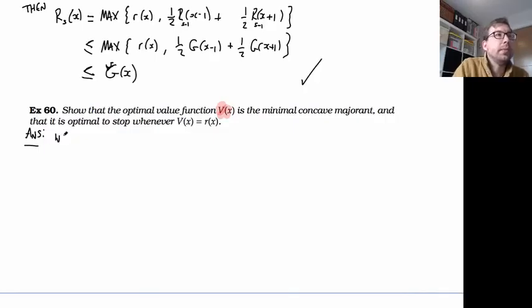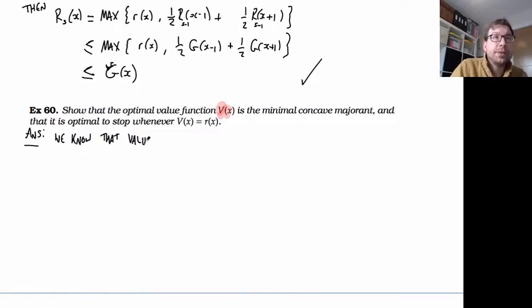So we know that value iteration, and notice the steps here are exactly the steps of value iteration, we know that value iteration converges to the optimal solution for positive programming.